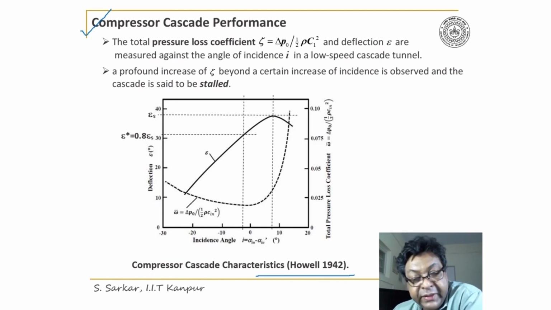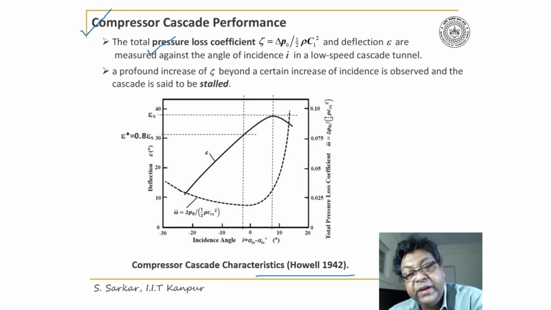He measured the compressor cascade performance in a low speed wind tunnel, and the test result I have presented here. He expressed the total pressure loss as zeta. Zeta is equal to del P0 by half rho C1 square.